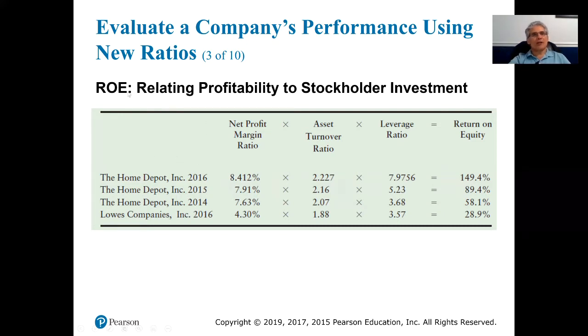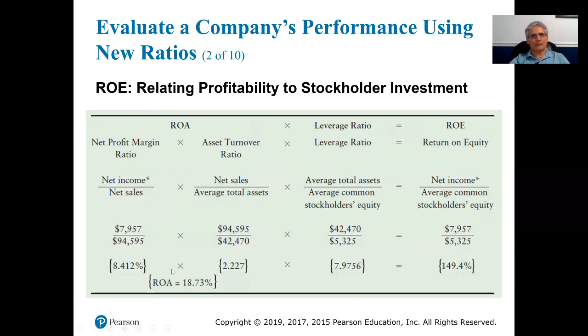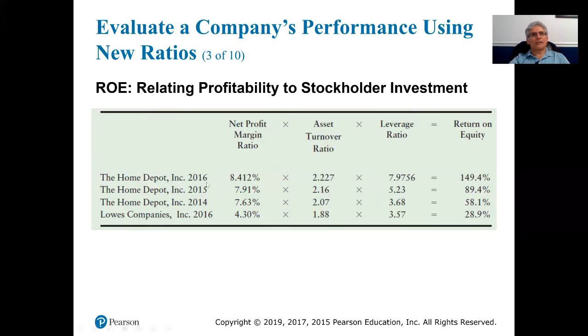So we can look at the ROE, the return on equity, and really by itself it doesn't tell us a whole lot. But what we like to do is compare it to prior years. So in 2016, we plot out all these ratios, the ones we just computed. We plot them all out, and then we can plot out 15, 14, and even throw another company, Lowe's, and see what their numbers look like.